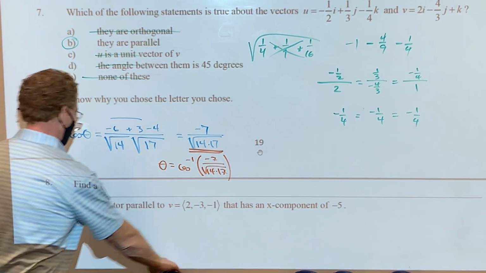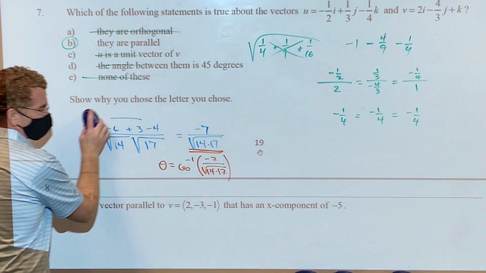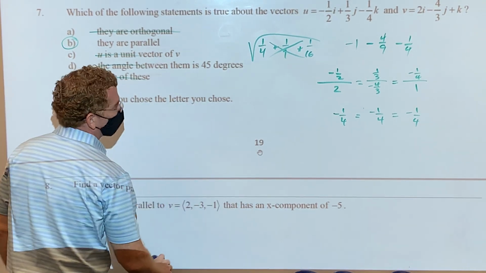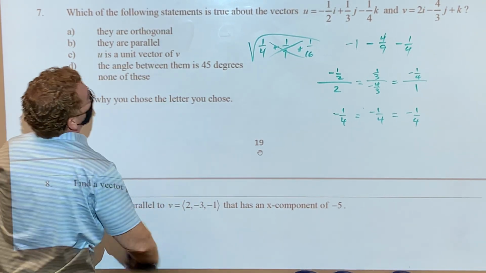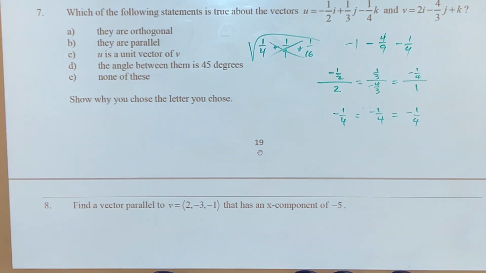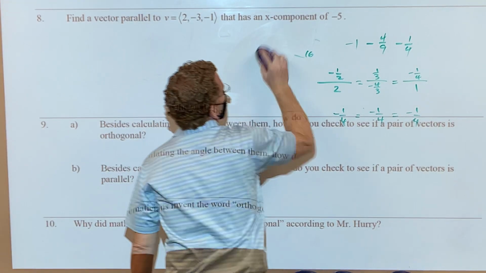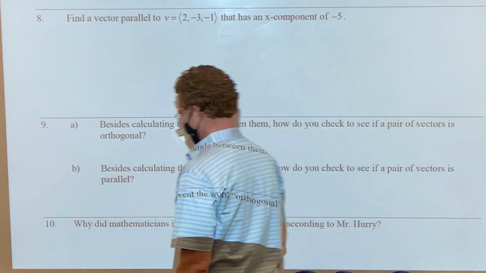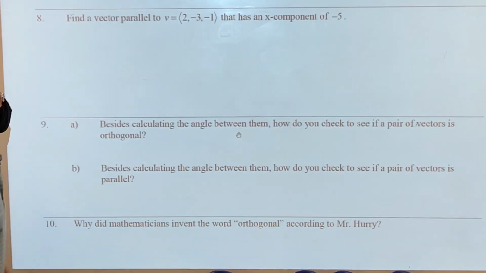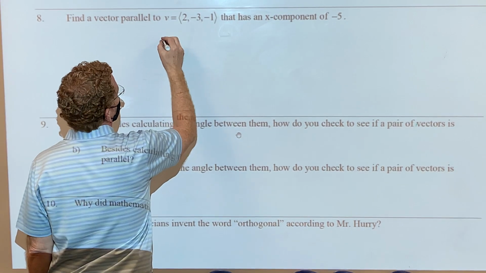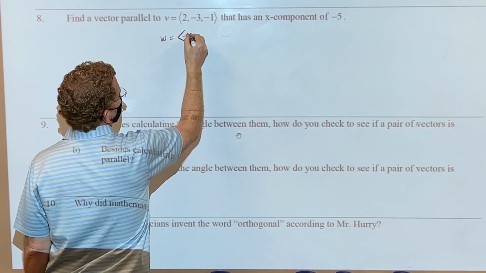All right, find a vector parallel to that has an x component of -5. Now, I have not asked you this question directly, but can you figure it out? I'm telling you it's parallel. So there's another vector, I'll call it W, with an x component of -5.